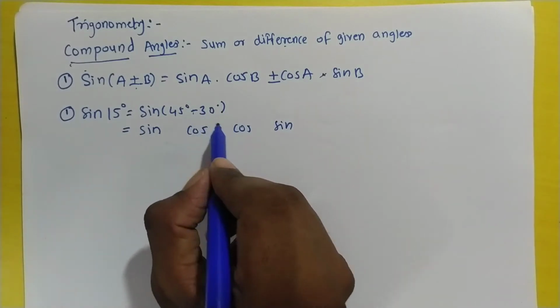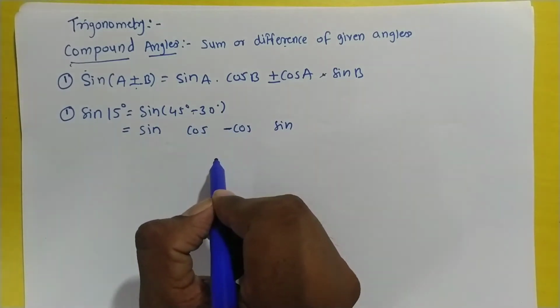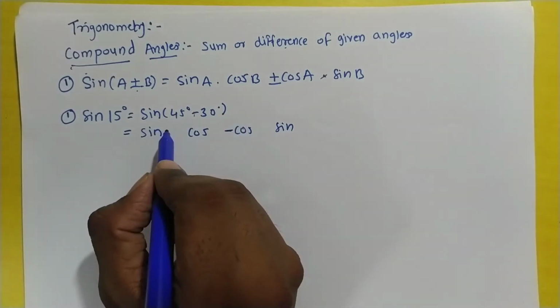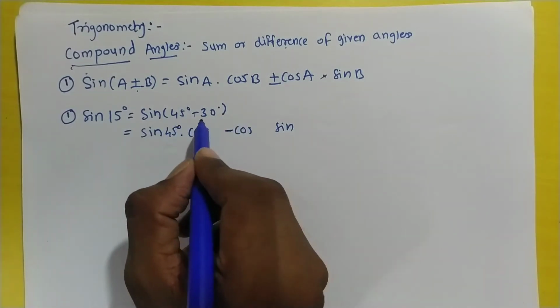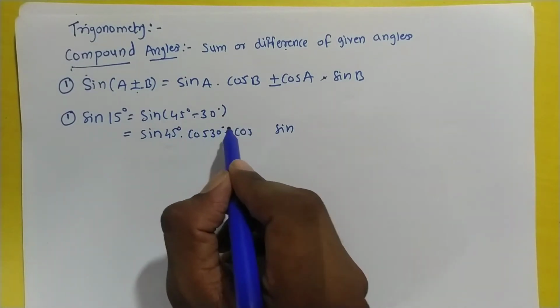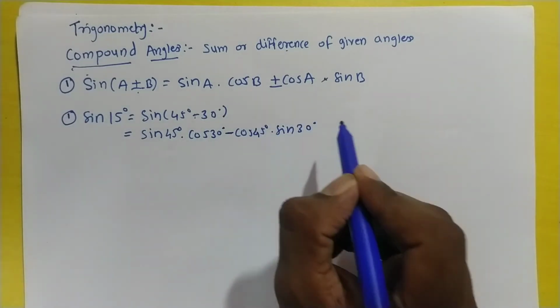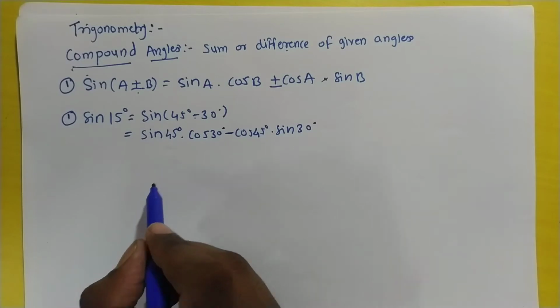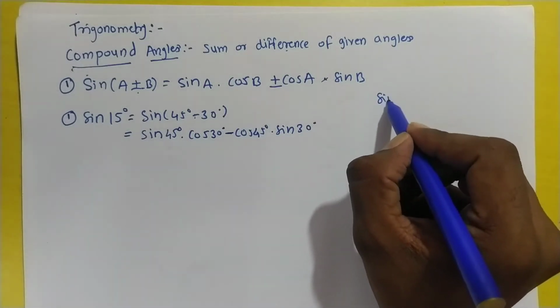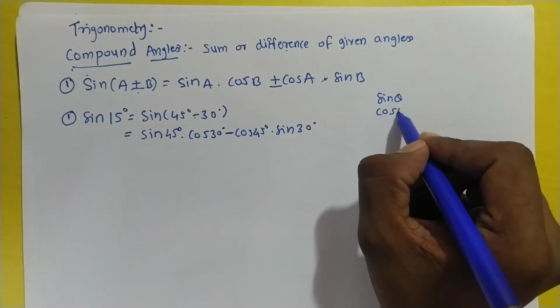Here the minus sign is present, therefore we take the minus sign. So write down the first angle 45 degrees, and the second angle 30 degrees.